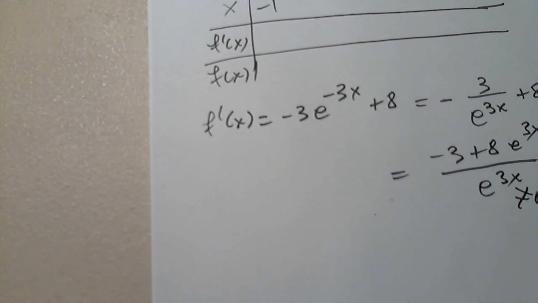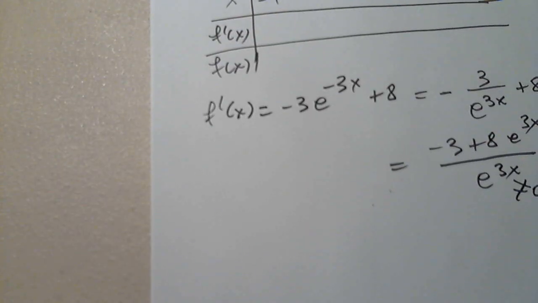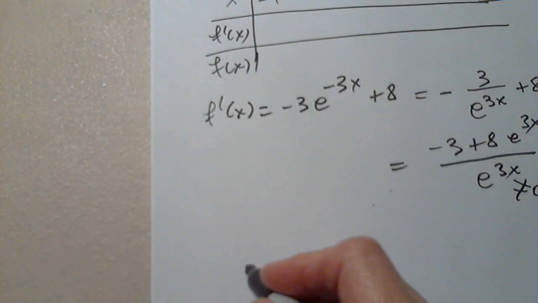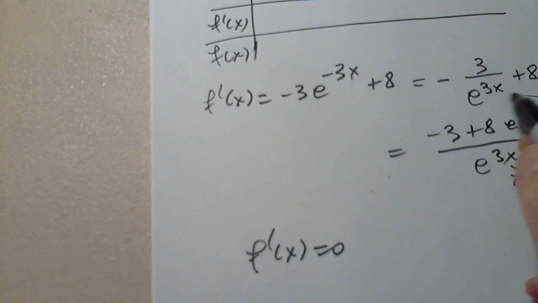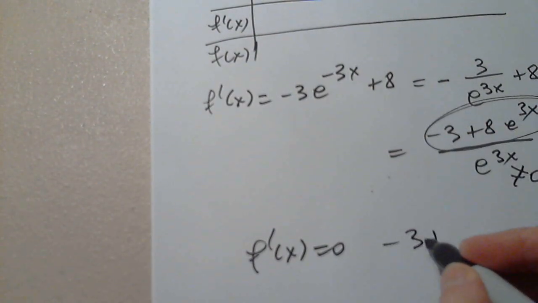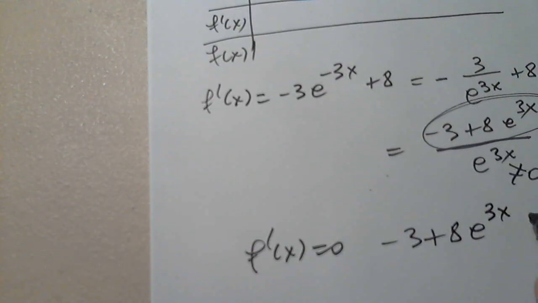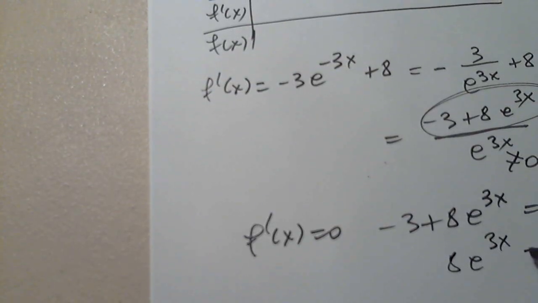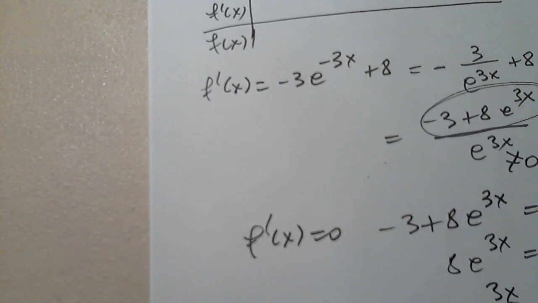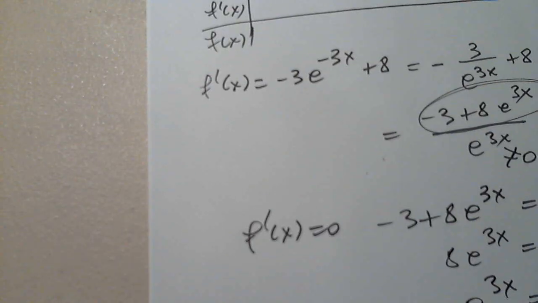This can never be 0. It's an exponential function. So f prime of x can be 0 only if the numerator is 0. -3 plus 8 e to 3x equals 0. I move 3, so I have 8 e to 3x equals 3, and e to 3x equals 3 over 8.